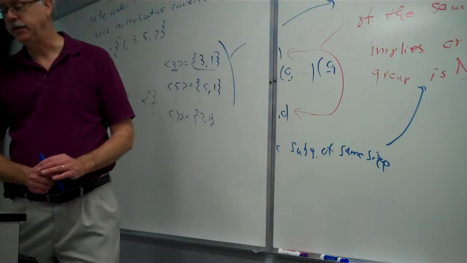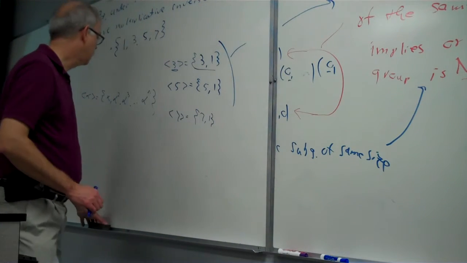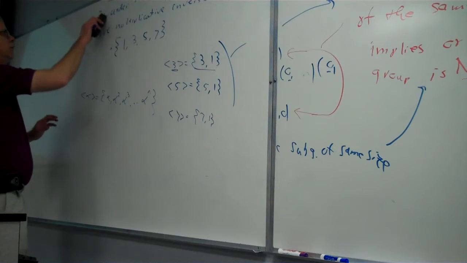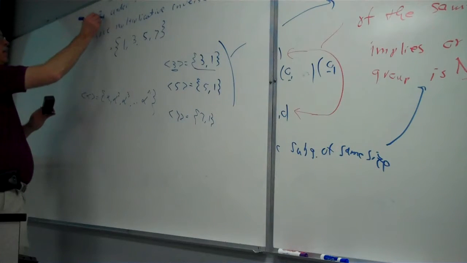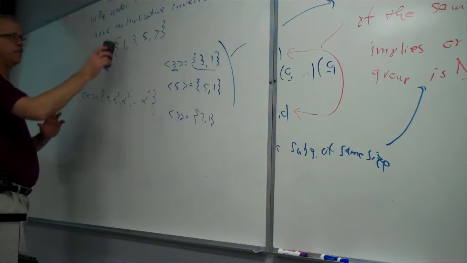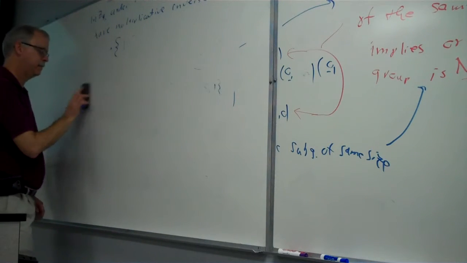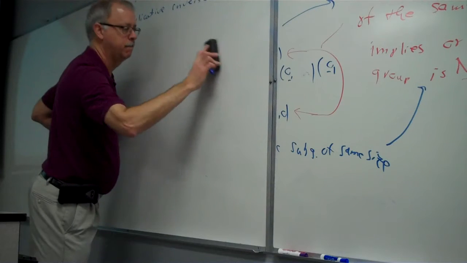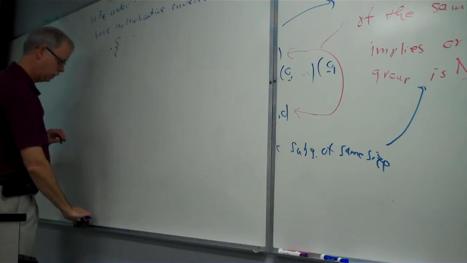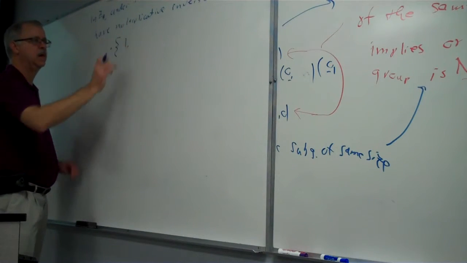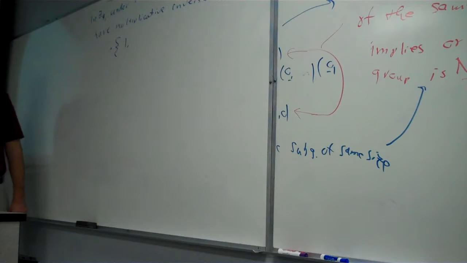So let's try Z9. So we'll go to Z9 under multiplication, the elements that have a multiplicative inverse. So we've got to think, okay, what elements do have a multiplicative inverse? Or maybe what elements don't?